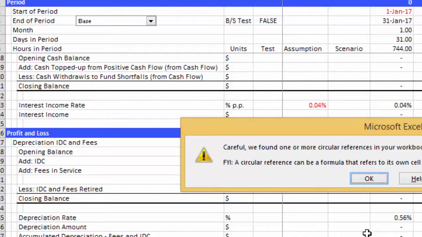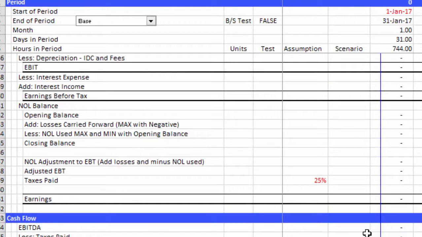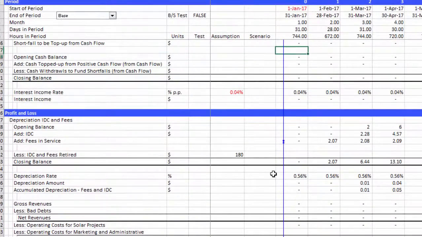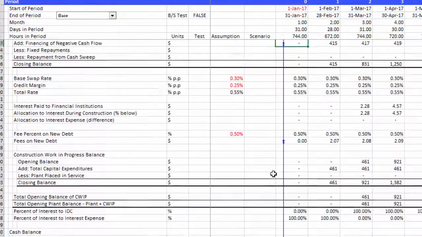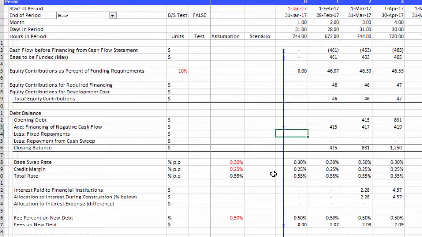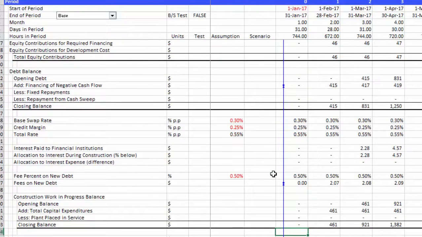Okay, now the fees here are driven by the financing, but the financing is driven by the fees. We could do two things.